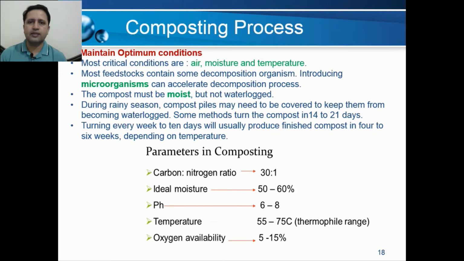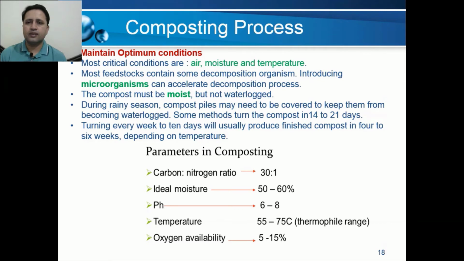You can add some fungi or some identified bacterial strains to the compost. The compost must be moist, but it must not become waterlogged. When you perform composting in the open area, sometimes there will be rain, sometimes high temperature, sometimes low temperature, so you have to keep these things in mind.